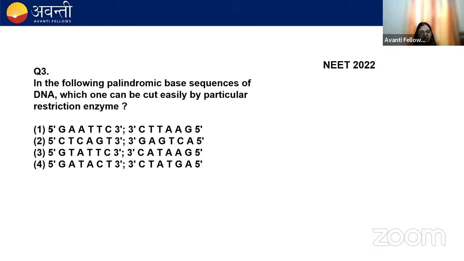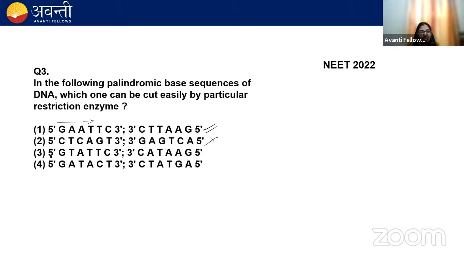So in option 1, if I talk about from 5' to 3', it's GAATTC. If I read the sequence from the 5' to 3', it's GAATTC. So it's a palindromic sequence. Second says 5' to 3' is CTCAGT. From 5' it's ACTGAG.